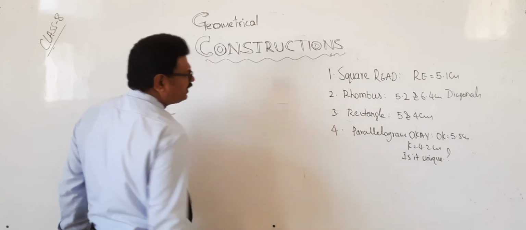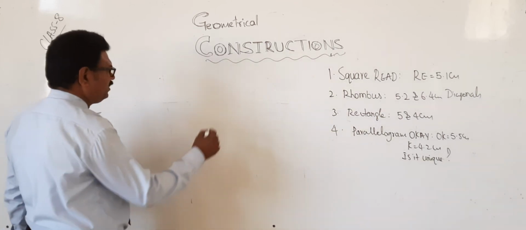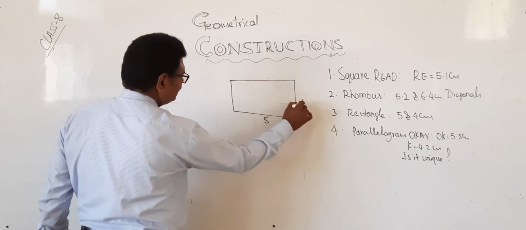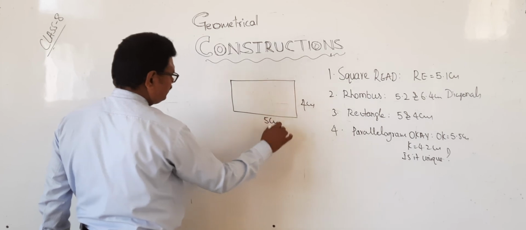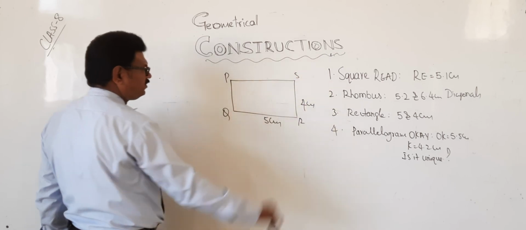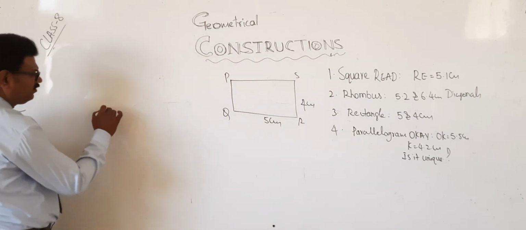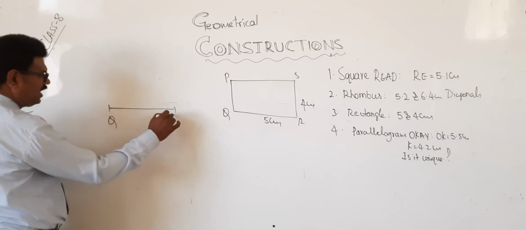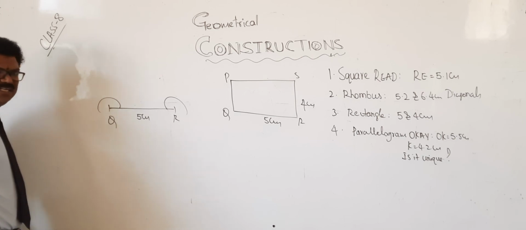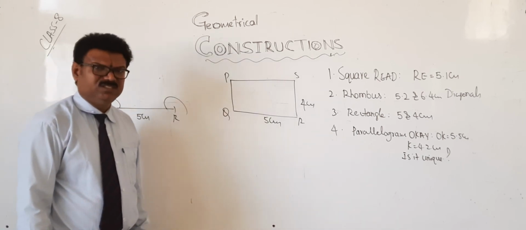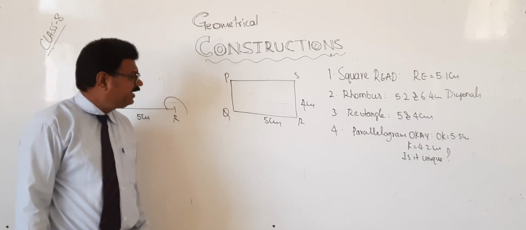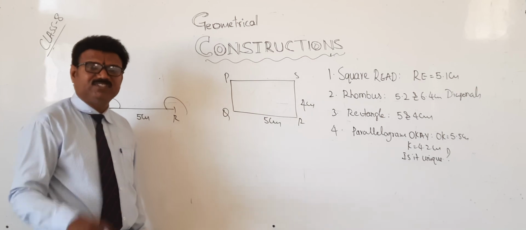And the third one, a rectangle with 5 centimeters and 4 centimeters. Very simple. Take any rectangle PQRS. First take QR, how many centimeters? 5 centimeters. What about the angles? 90, because 90 into 4 is 360.